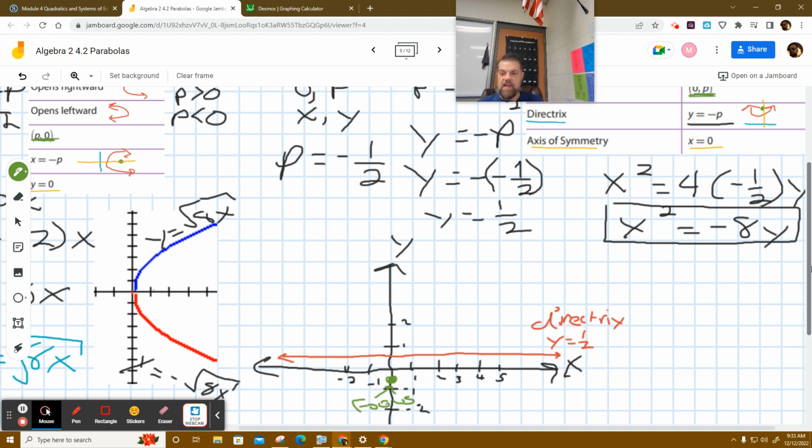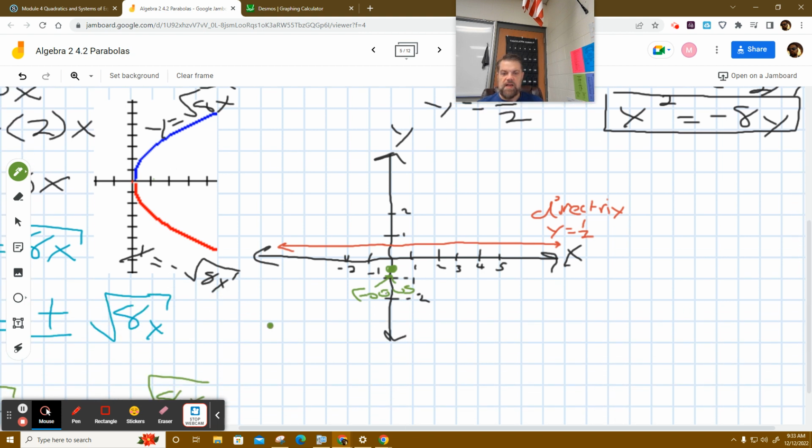Okay. And then my parabola, I could plug in x and y values and get a table of values. But before we do that, this is actually a function, because I know that when I sketch this, my parabola is going to go through the origin like this.